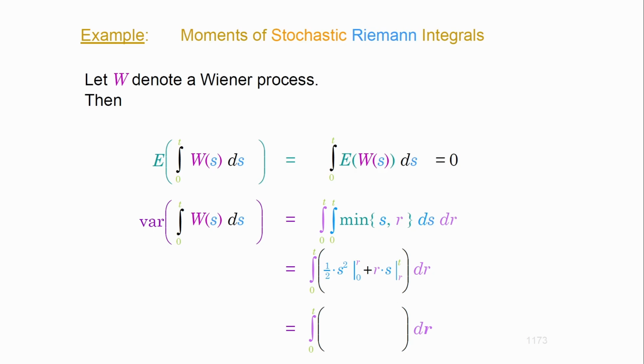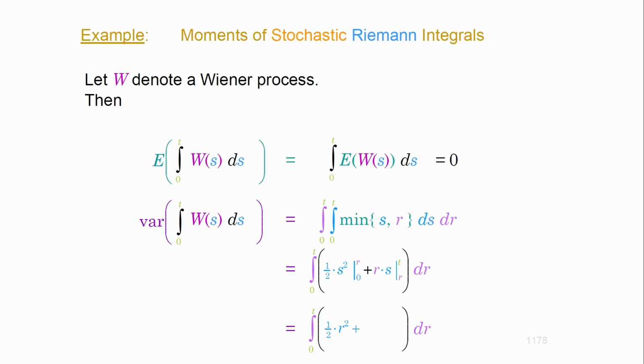Now, if you put r into s, you'll have 1/2 times r squared minus 1/2 times 0 squared, because the lower end point, if you're inserting it, would be 0. But that's what you're left with. And then plus, because it says plus over here, the other one.